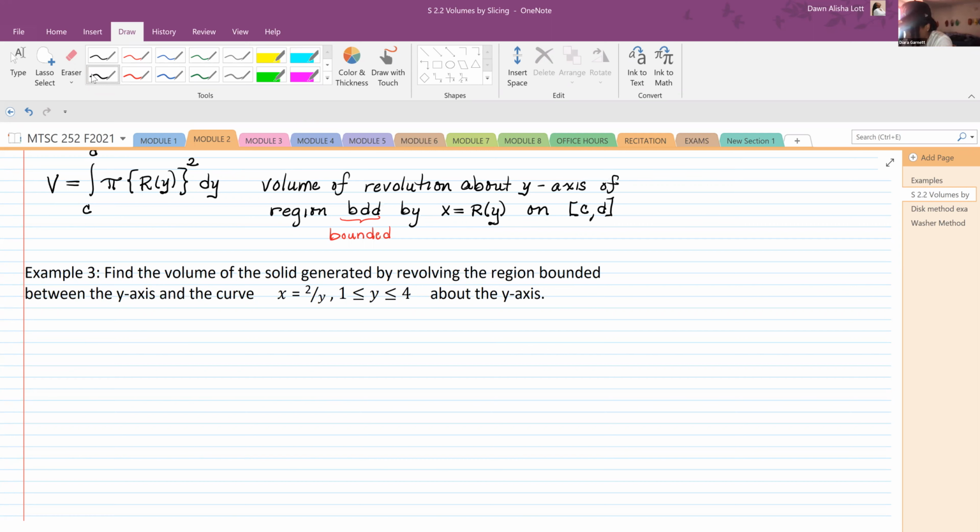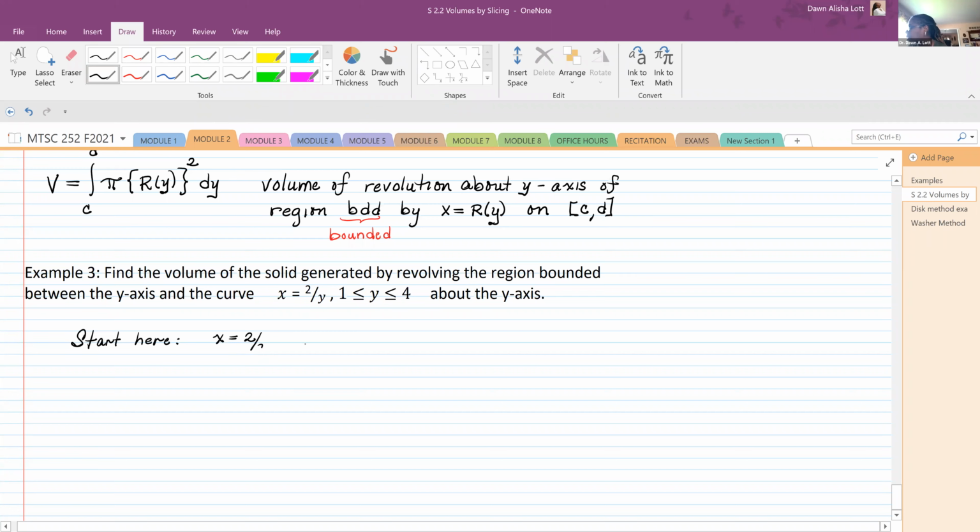So now for this particular problem, for many of the problems in the homework, you may not know what x equals 2 over y looks like. But you do know, so let's start here. You have x is equal to 2 over y.